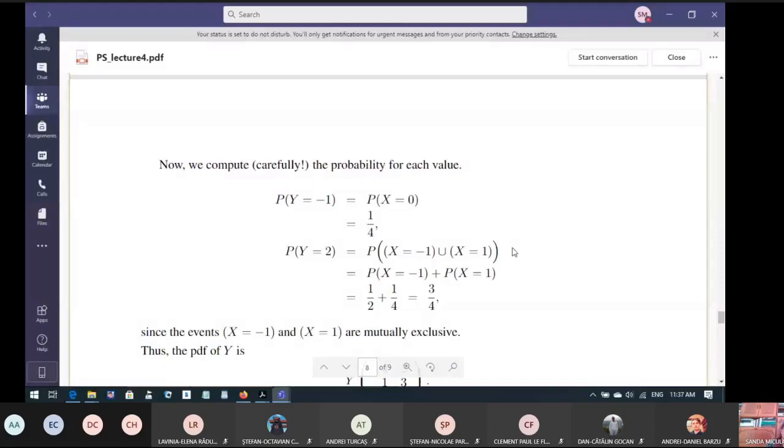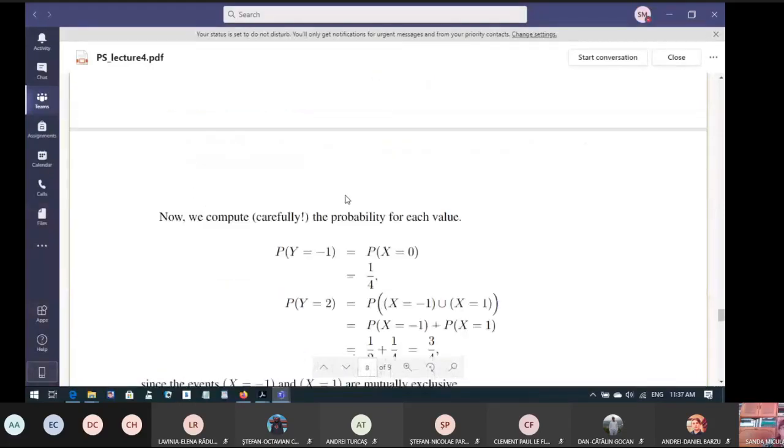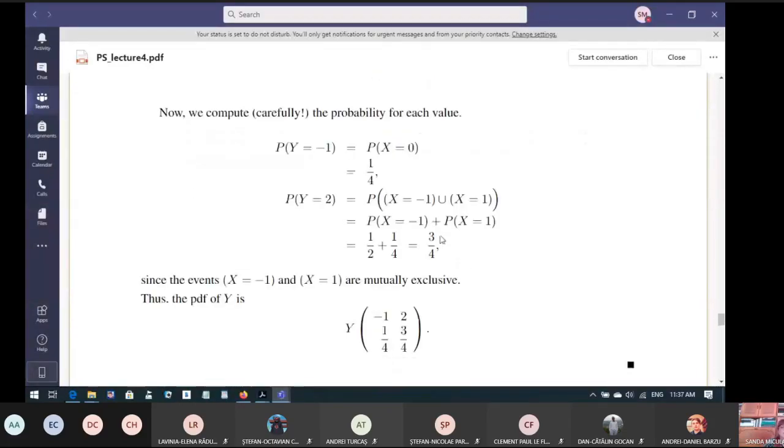Now, the value 2, we already saw that that can come from 2 distinct values of x. That's okay. We can compute that as well. Right? So for y to be 2, that means x is -1 or x is +1, or that means union, right? It's the probability of the union of 2 events, which are mutually exclusive, right?